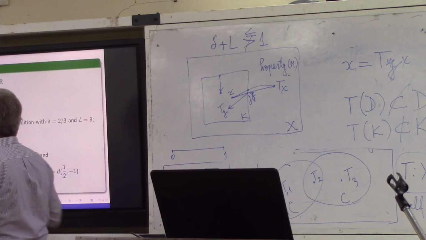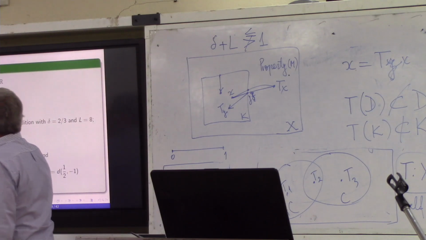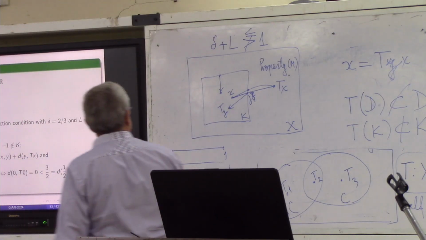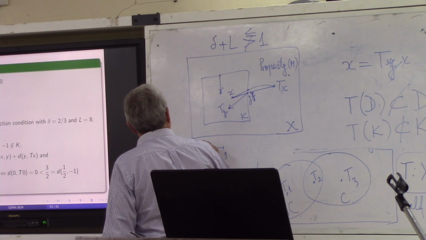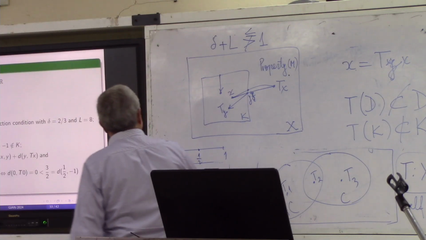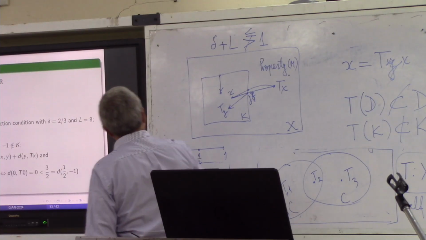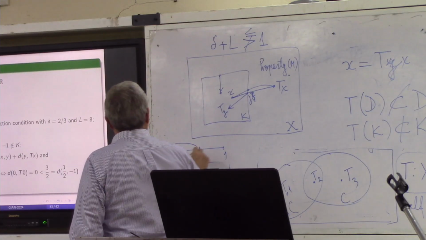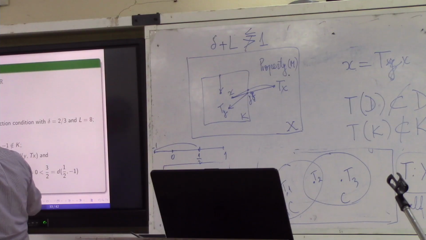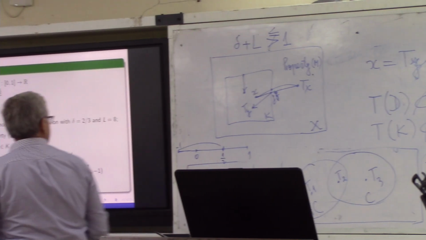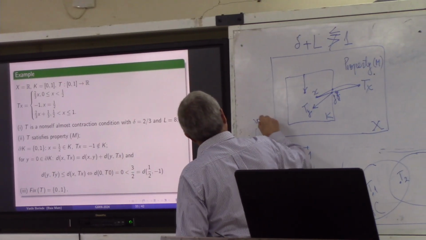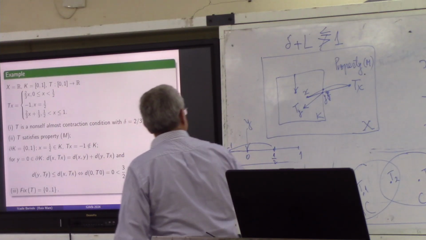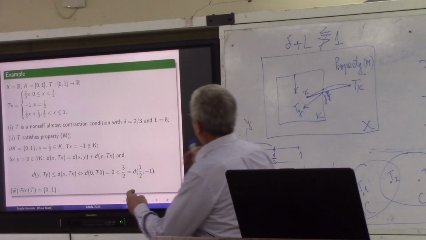The point x = 1/2 is in K, but Tx is outside, at -1. The distance between 0 and T of 0, where y is 0, is 0, and this is less than the distance between 1/2 and -1, which is 3/2.